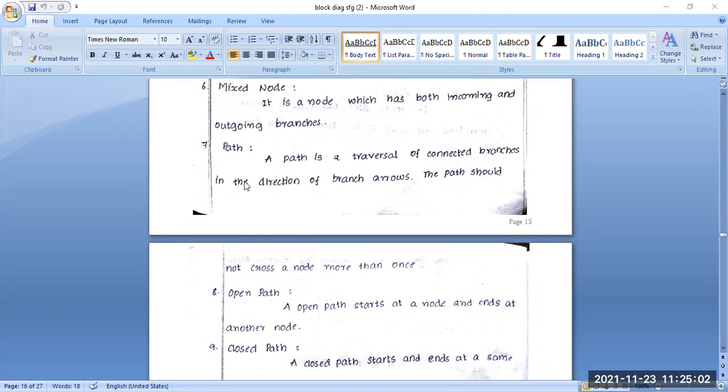That means a path considers only two nodes, because in between two nodes a path is also available. So that's why we have written here, the path should not cross a node more than once. Okay, that means starting node and ending node, this starting node and ending node is called the path also.